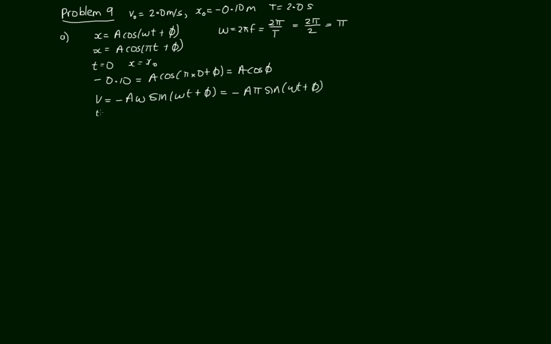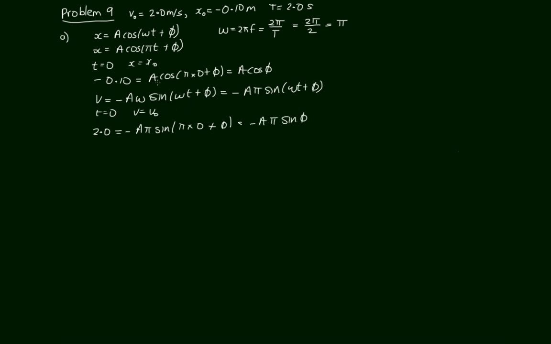And then we know at t equals 0, v is equal to v0. So we've got v0 is 2.0, and then this is equal to minus A pi sin(pi times 0 plus phi), and so that equals minus A pi sin phi.